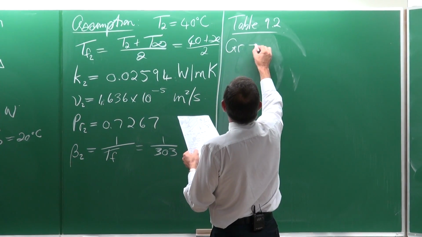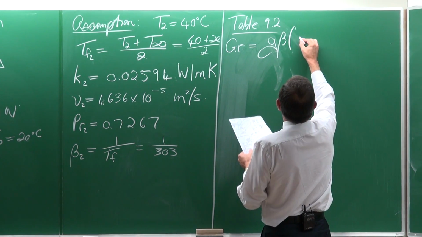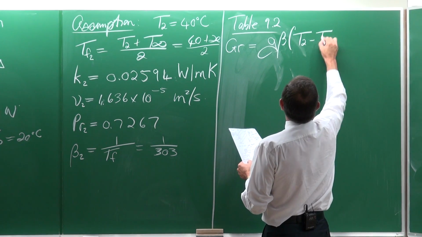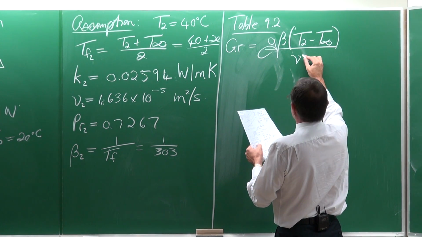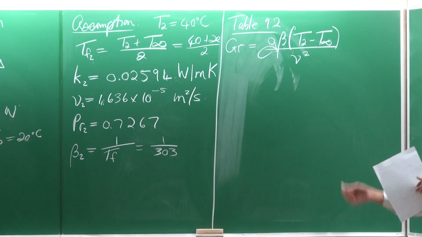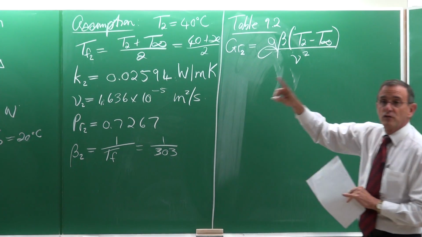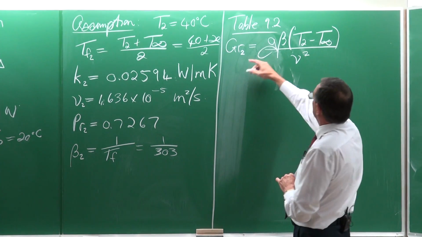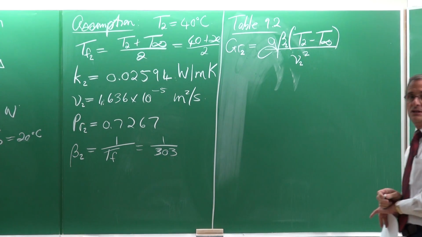So the Grashof number is equal to g beta multiplied by T2 minus T infinity divided by the kinematic viscosity squared. And again, to indicate that it is a Grashof number on surface 2, I'm going to use a 2 there, a beta 2, and a kinematic viscosity 2 there.